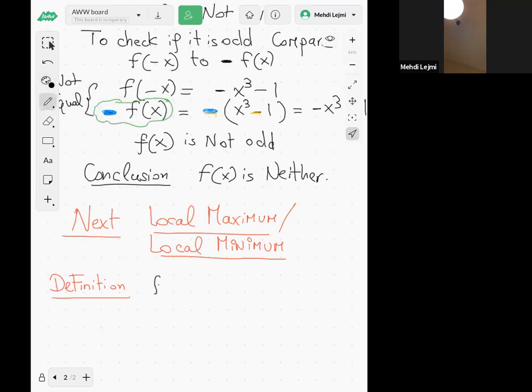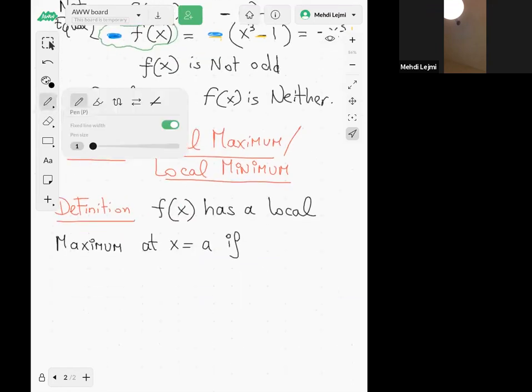So f of x has a local maximum at some input x equal to a, if there's a neighborhood.